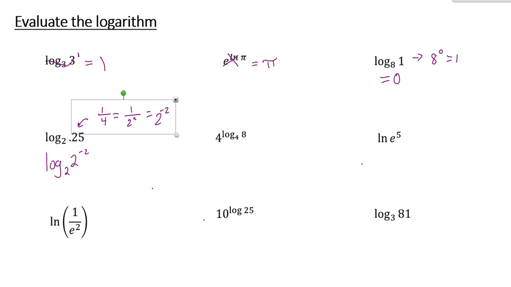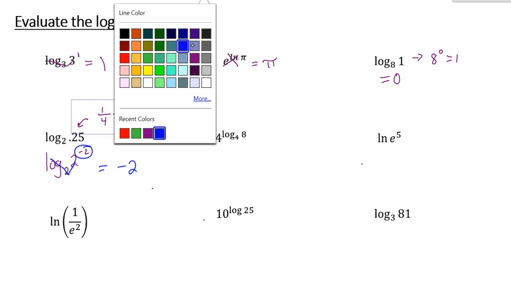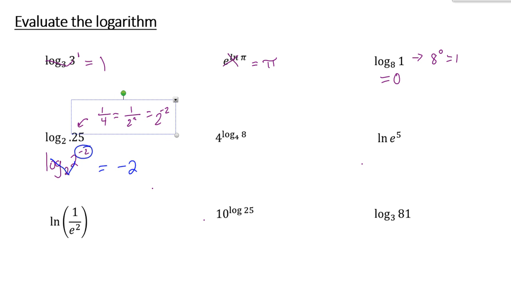And again, that important property we have says these guys cancel each other out because they have the same numbers there, which means negative 2 would be your answer. Okay, the 4 and the log cancel because they have the same base, which just means 8 is your answer. ln and e cancel each other, which means 5 is your answer.